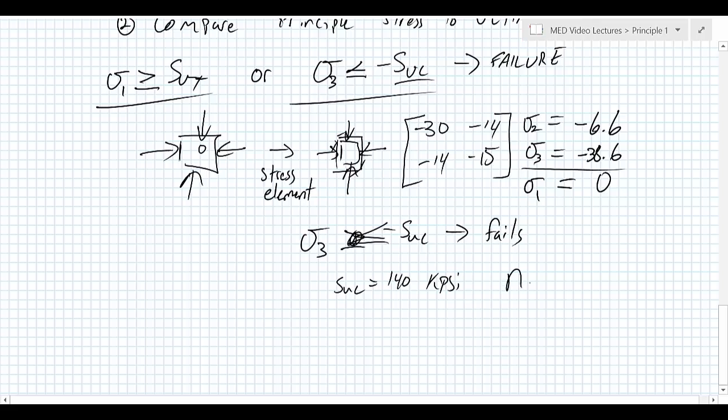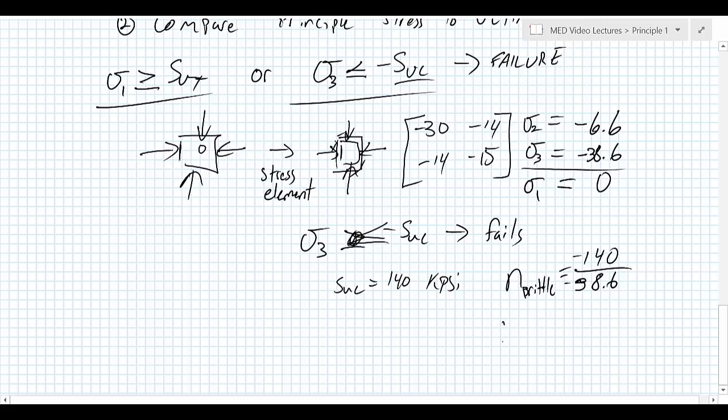So our factor of safety for brittle failure, according to maximum normal stress, would be 140, that's the strength of the material, divided by the most negative that we're under, 38.6. And you can have negative here if you want to keep yourself in compression, but obviously that doesn't make a difference.